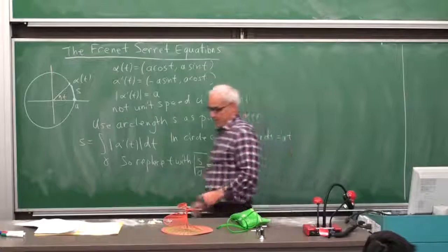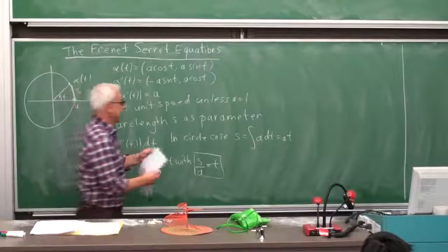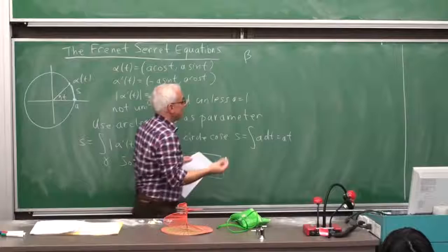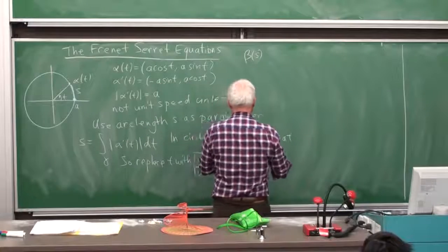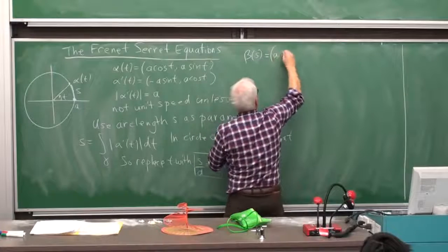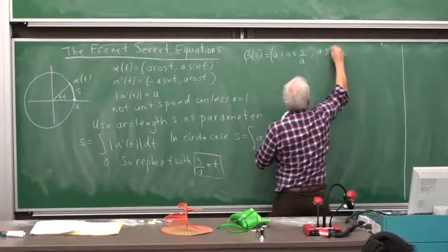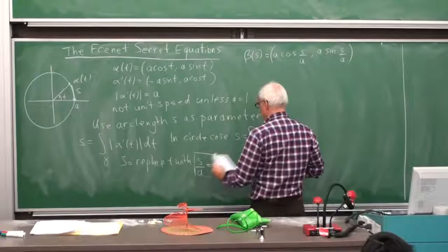All right, so what would happen there? So we would get a slightly different curve, not much different, just slightly renormalized. And I'll generally tend to use beta to signify that we're talking about a unit speed curve. So beta of s, at least in the plane, is going to be a cosine s over a and a sine s over a, just replacing the t with s over a.